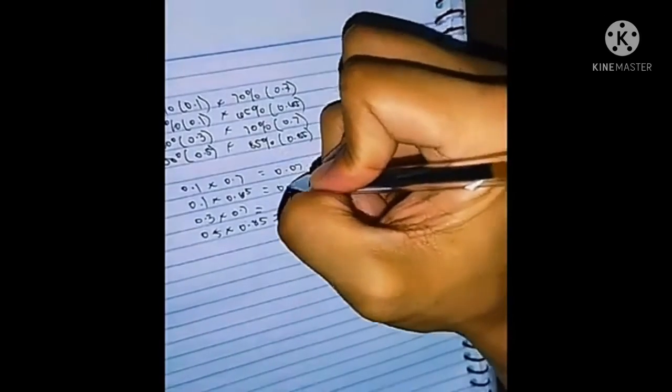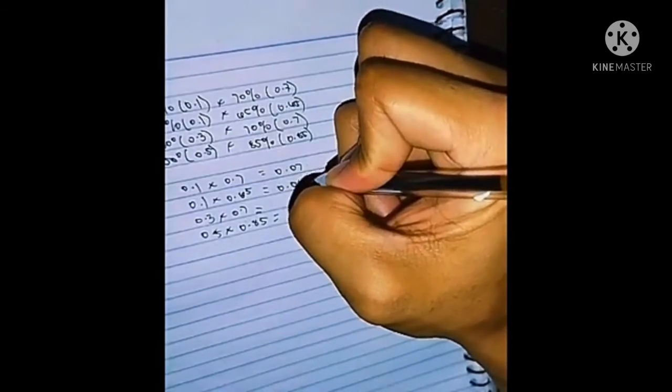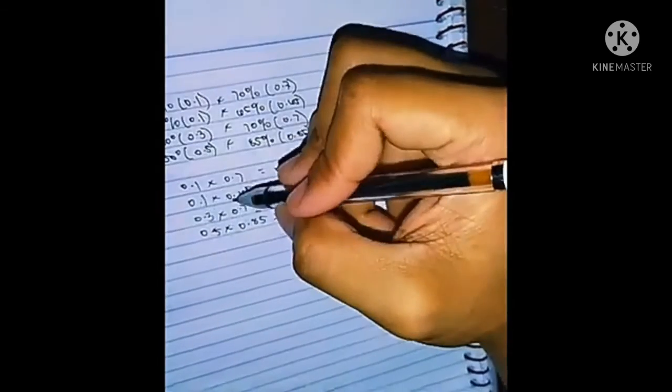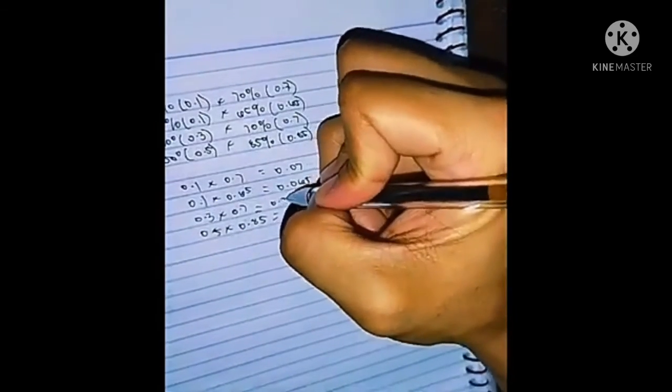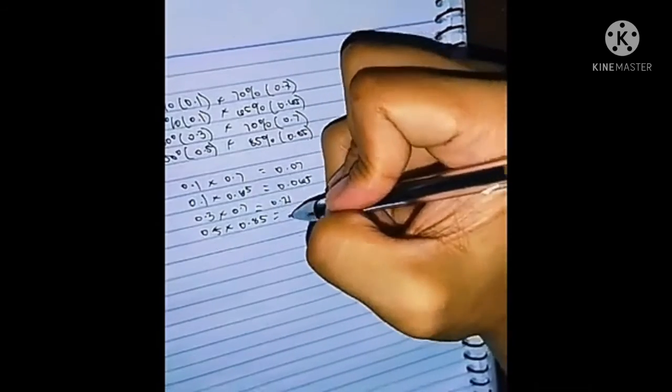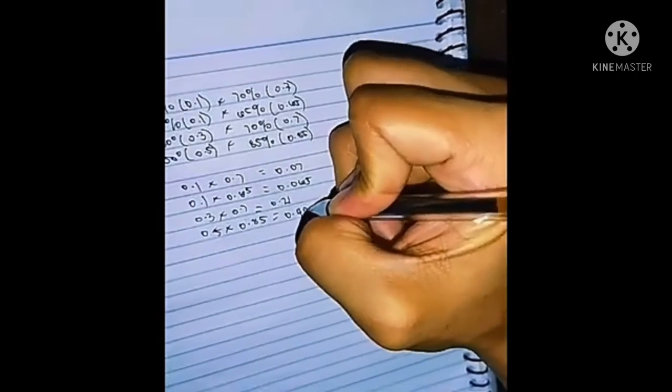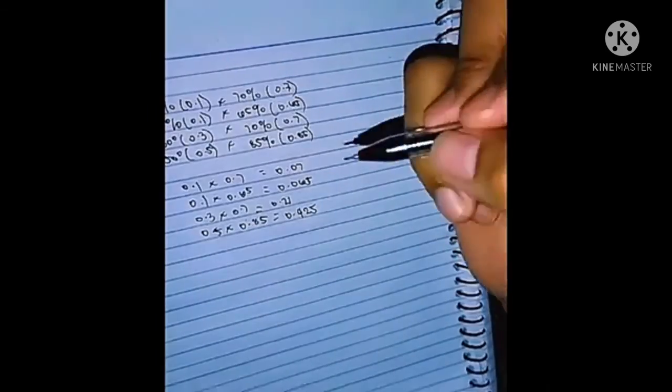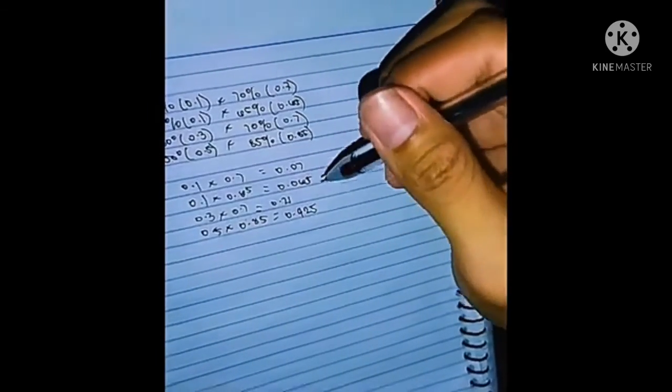So it equals 0.07, 0.065, 0.21, and then 0.425, and add.